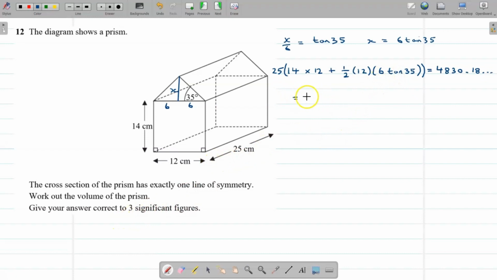So I'm just going to say that that's 4830, and that will be in centimeters cubed to 3 significant figures.